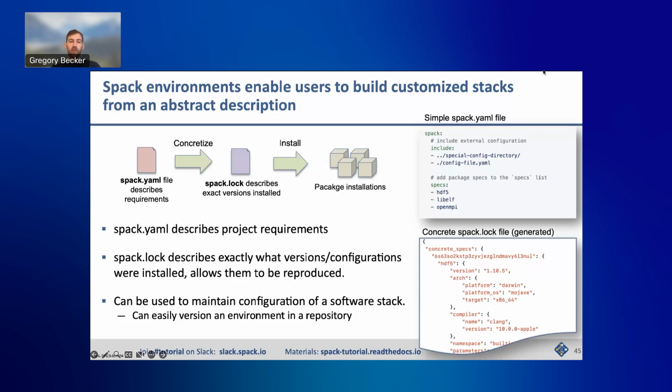So a spack.yaml file fundamentally is a list of specs that you want to install and some config to use while you're dealing with those specs. And the spack.lock file describes exactly the concrete specs that Spack picked from those. So you can concretize the environment, look at whether you got what you wanted, maybe change the environment, reconcretize it if you're not happy with it, and then install those packages.